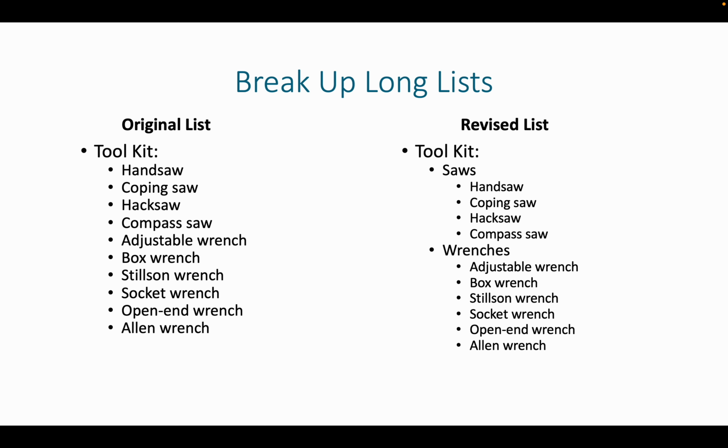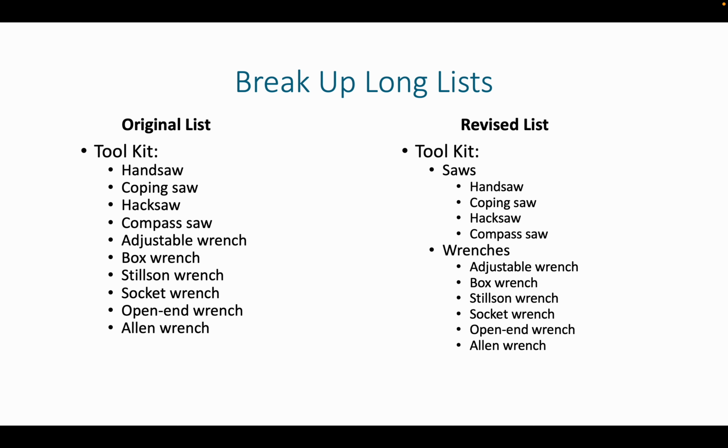You also can look at your list and figure out how you should best break it up. If you have a really long list, sometimes it's better to divide it into subsections, just like you would divide your document into different sections. So for example, you can see here on the left, there's a list of things that might appear in a toolkit.